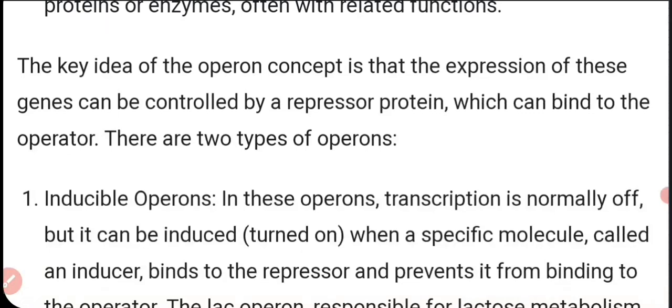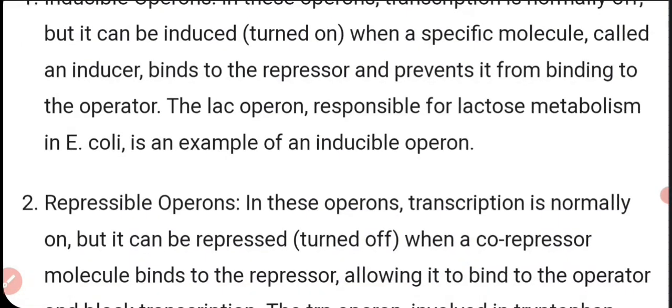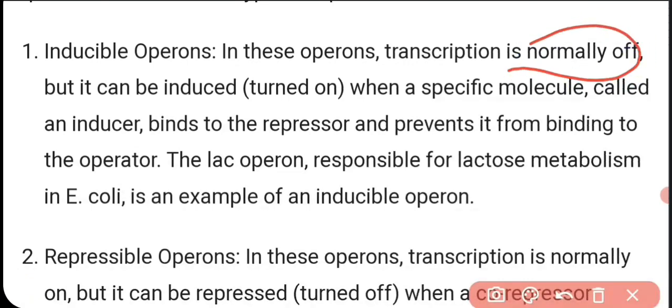Based upon this, there are two types of operon. One is the inducible operon and another is the repressible operon. Inducible operons are those where the transcription is normally switched off, but it can be induced or turned on when a specific molecule called an inducer binds to the repressor.